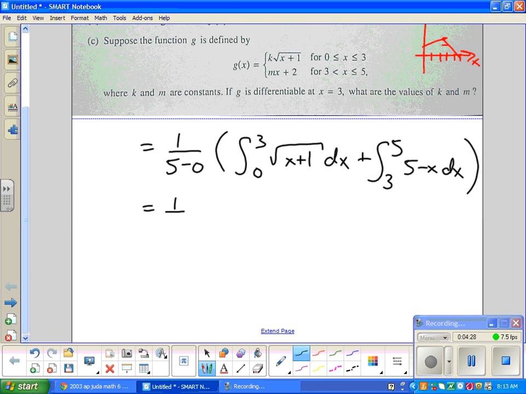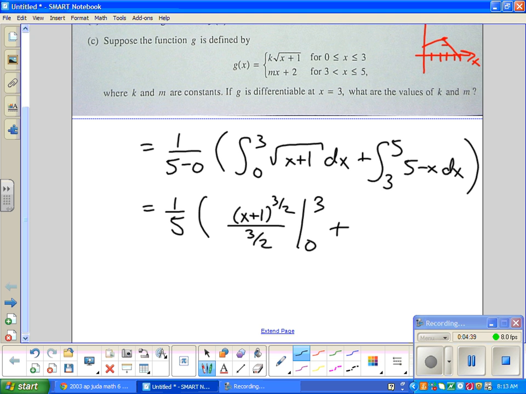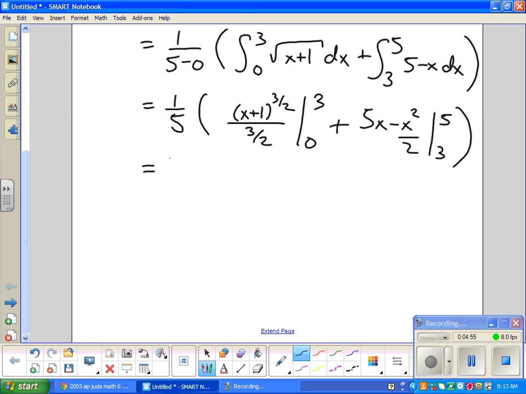So I get 1/5 times 2/3 times x plus 1 to the 3/2. Hopefully I'm not making a math mistake, because again, I'm doing this just like you would, all right? And we'll score it. I think this is correct. I would write this then, and again, I make sure I try to leave lots of space.